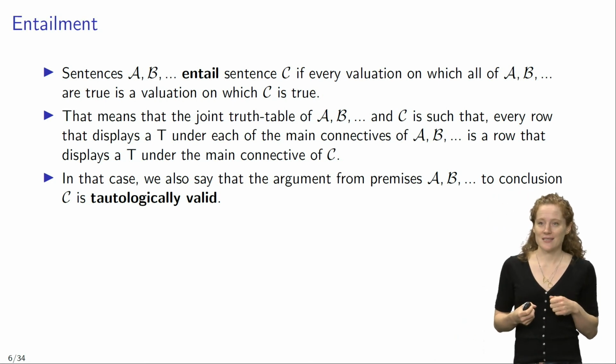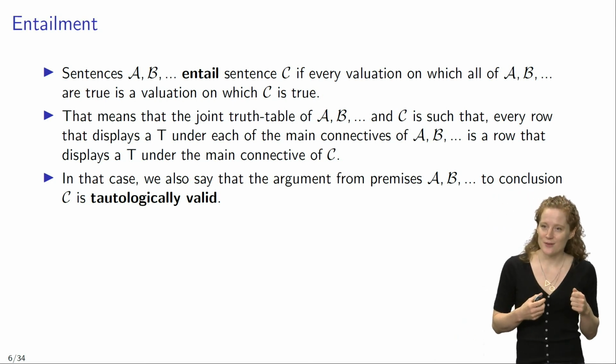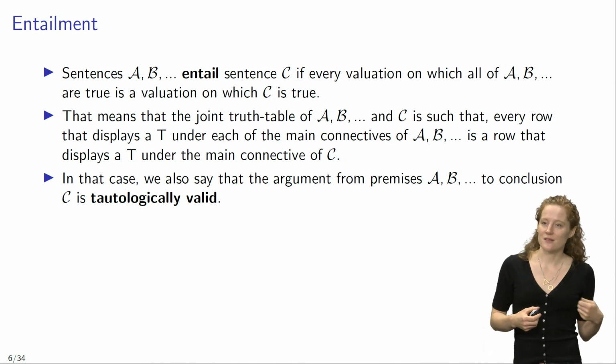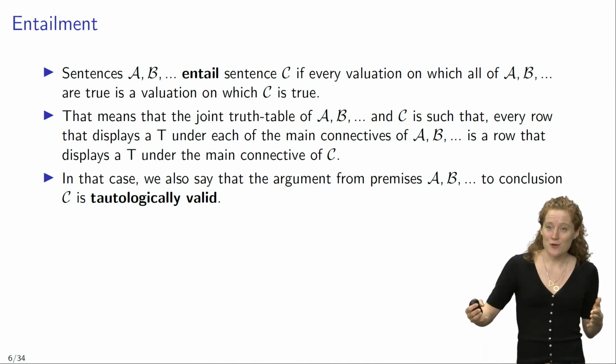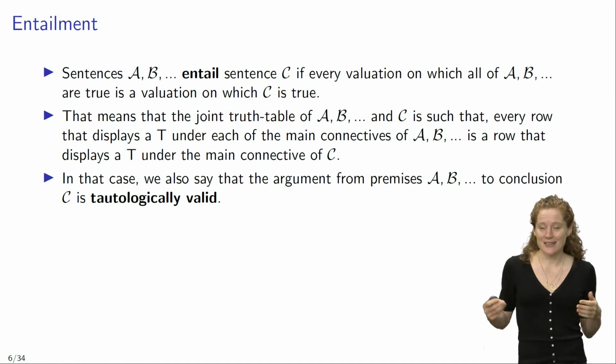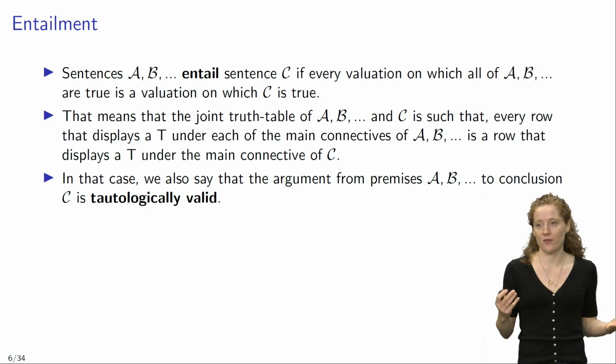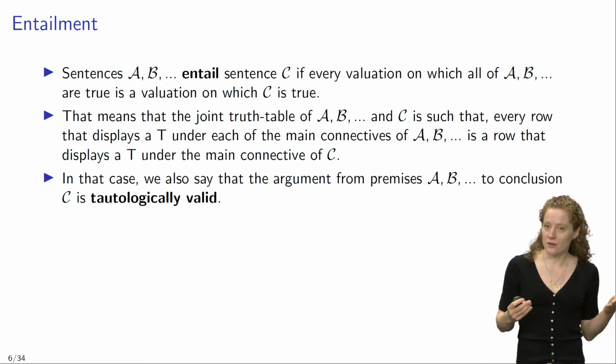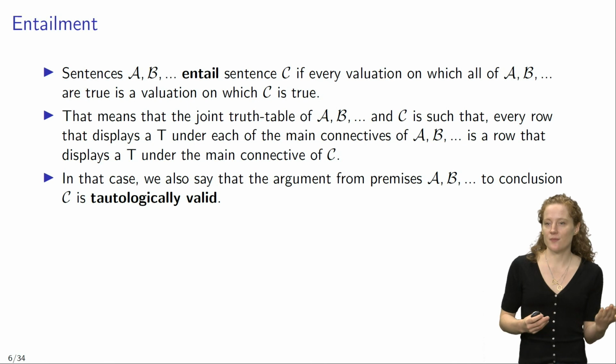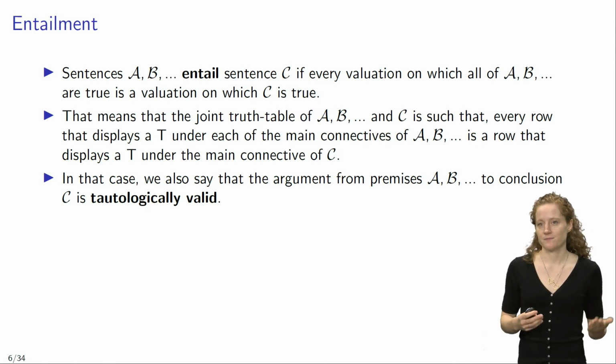Now that means that the joint truth table of A, B, and so on and so forth and C is such that every row that displays a T under each of the main connectives of A, B, and so on and so forth is a row that also displays a T under the main connective of C.